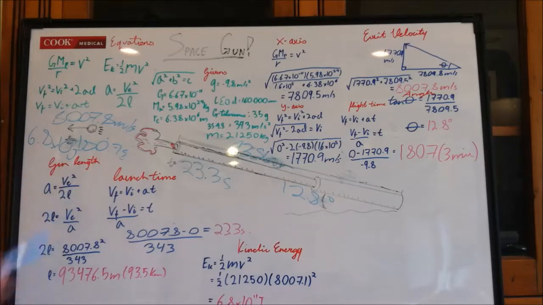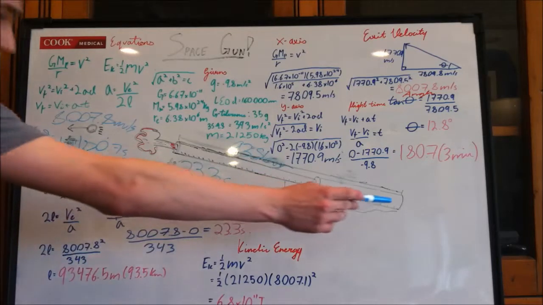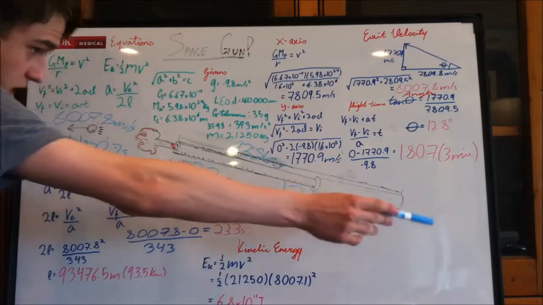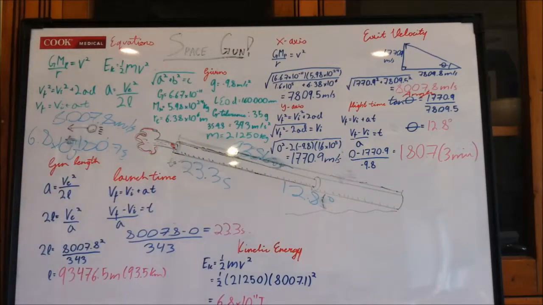The time from the moment the projectile leaves the barrel of the gun to low Earth orbit is going to be 180.7 seconds. The time that it takes a projectile starting at rest at the bottom of the gun to leave is 23.3 seconds. Our gun will be tilted at 12.8 degrees, and the kinetic energy of our projectile when it leaves the gun is going to be 6.8 times 10 to the power of 11 joules.